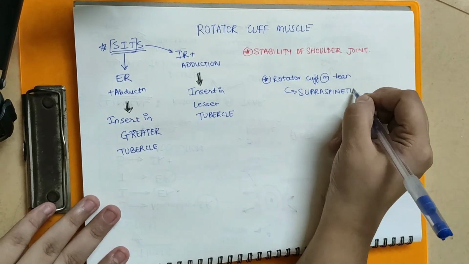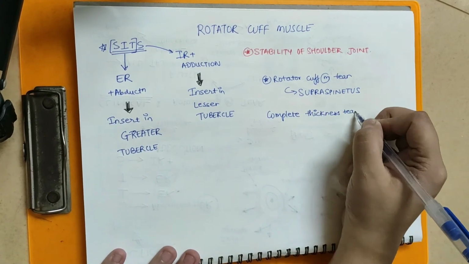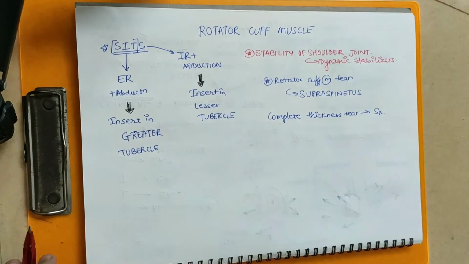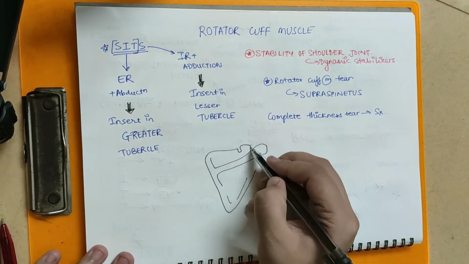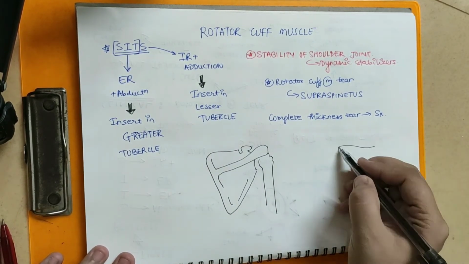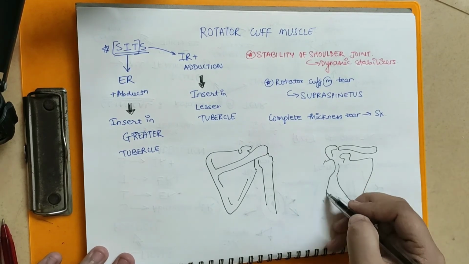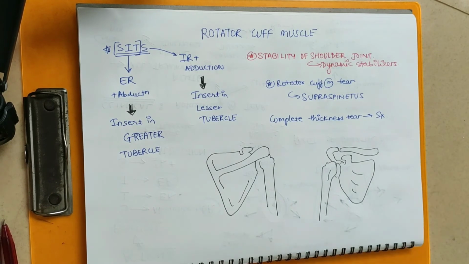Complete thickness tear, where the tendon is completely ruptured, requires surgical management. These muscles are responsible for the dynamic stability of the shoulder joint. The attachment of the muscle is to be remembered so as to remember the action of the muscle. Keep practicing the diagrams in order to understand the attachment of the muscle and thus the action of the muscle.